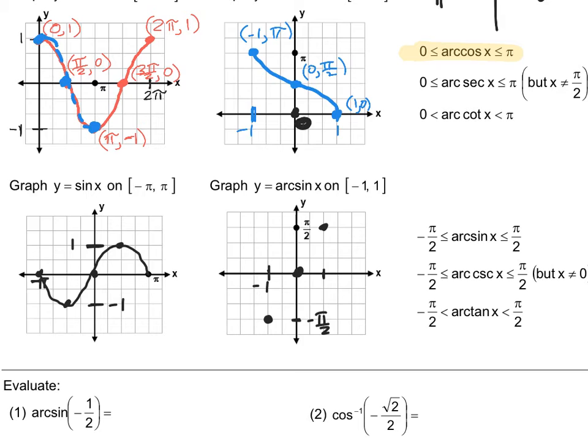But more importantly, if I plot, following this trend, I'll shade it in and draw the curve. If I were to continue the trend at pi over 2, I would have to stop there because if I go any further, then it would fail the vertical line test.